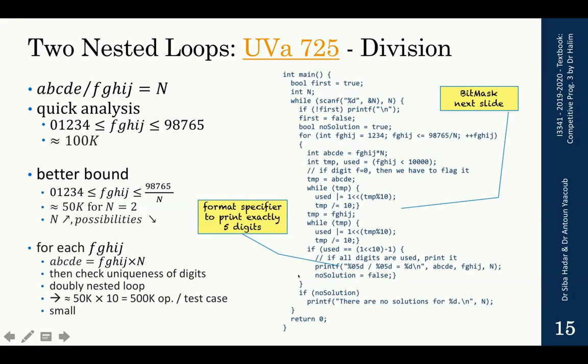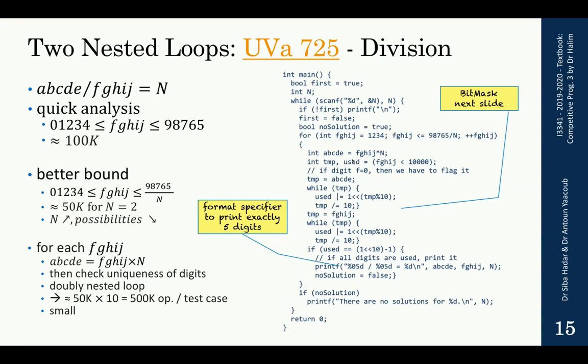And then all the rest here, we are going to do what? We are going to check for the uniqueness. First, we are going to put inside used every used digit. So used is going to be our bit mask. And first of all, for the digit 0, we want to know if it is used or not.